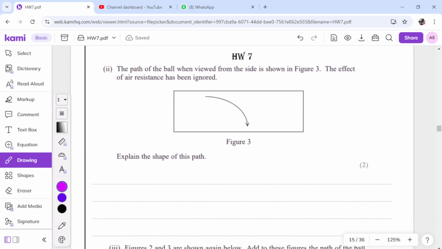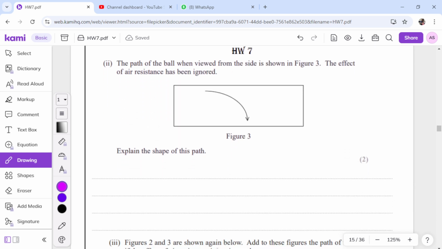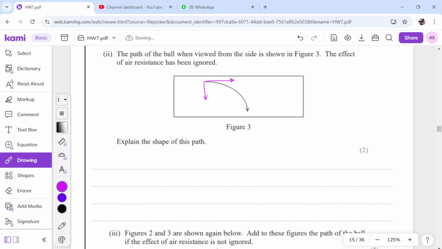Now he said, the path of the ball when viewed from the side is shown in figure 3. The effect of air resistance has been ignored. Explain the shape of this path. Now as you see, the ball will move down. So we have two types of motion, horizontal and vertical. And as you know, there is no air resistance.